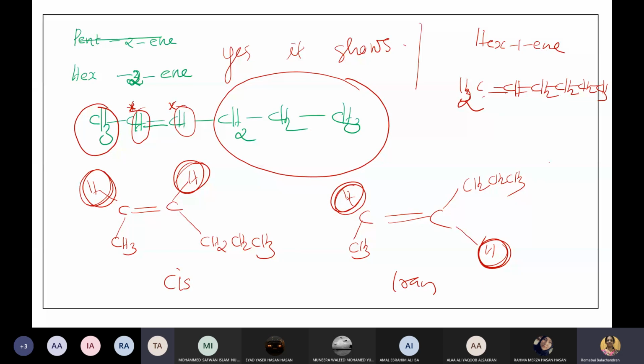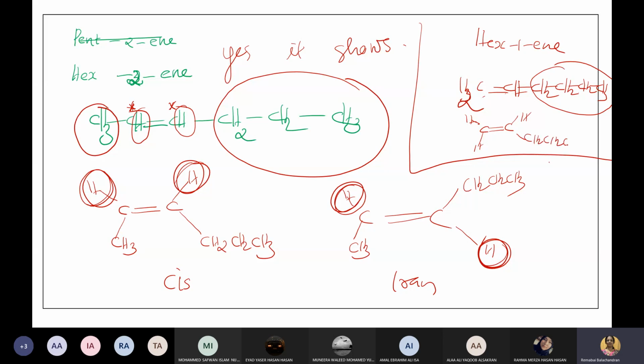No. Why? Because see here H, here H, here H, and here this group, CH2CH2CH2CH3. See, three groups are the same. So it will not show. Okay, understood? Yes, doctor.